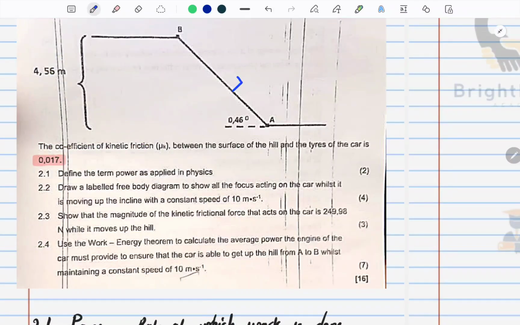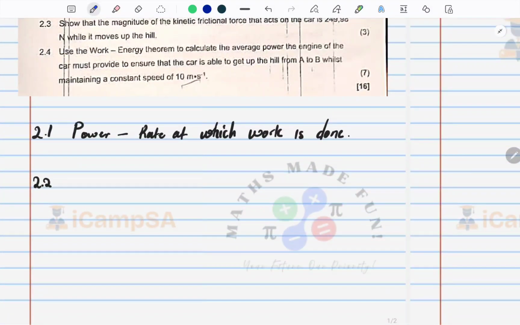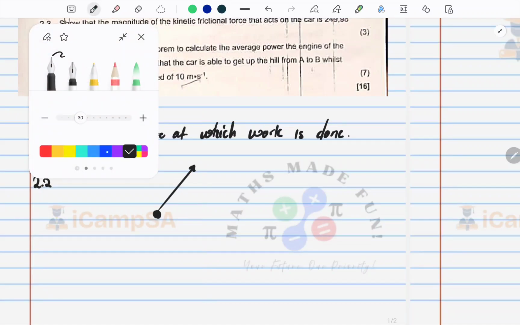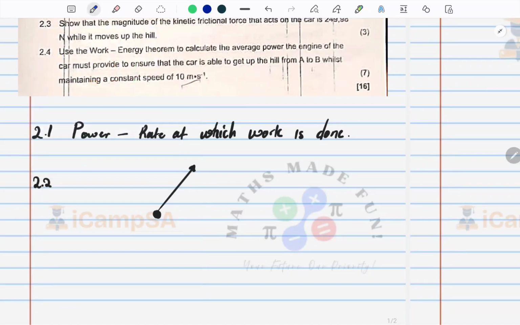When we are dealing with an inclined plane, we can do something like so. This is your free body here. First force that we can start with is the normal force. The normal force is always perpendicular to the surface. Then we're going to have the force of the engine, the force that is pulling the car up.